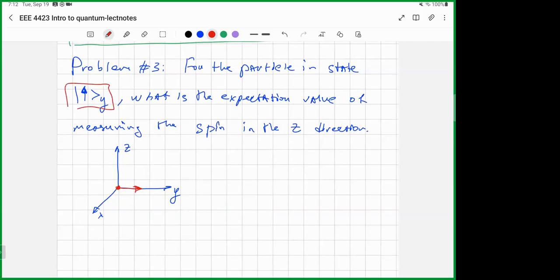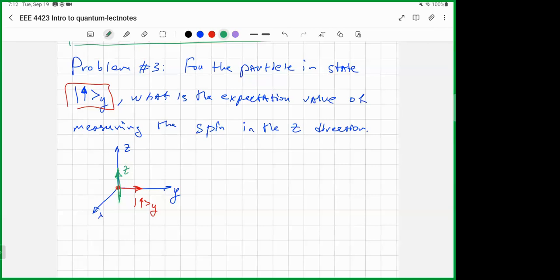So this is the state up y, along y. My particle is polarized along y. And then I do the measurement in the z direction. So what will be the expected value from the experiment? What would be the expectation value?